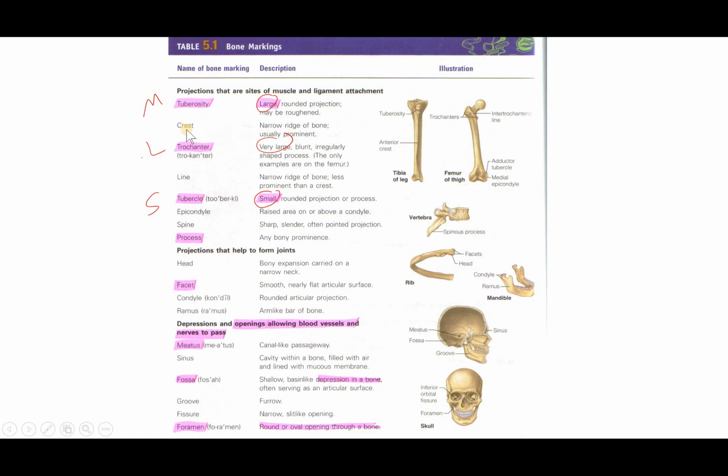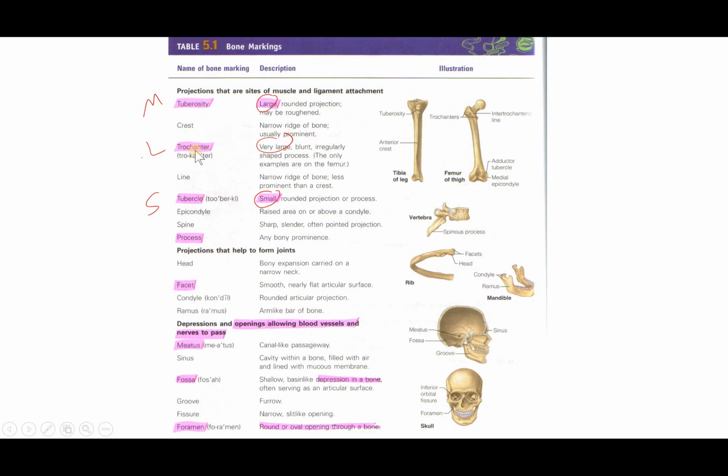Okay, a crest, a narrow ridge of bone, usually prominent, like your iliac crest. On your innominate or the os coxa, your hip bone, that crest on top of the ilium is a narrow ridge of bone.